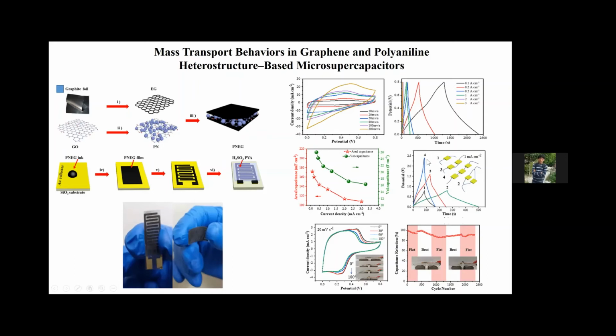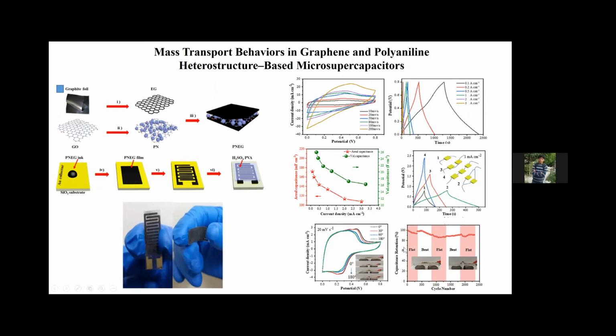We can see it here. Suppose device 1, 2, 3, 4. Suppose in case of the single device, it is very poor. If number 4 connection, or suppose in number 2, a parallel connection, series connection, we can see the potential window is limited by the high current. So it takes a long time to charge. So based on that, whatever we need, we can make the devices.